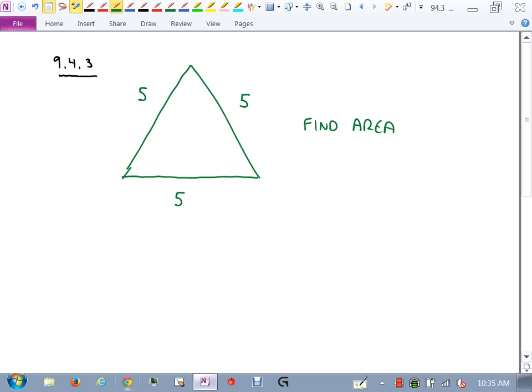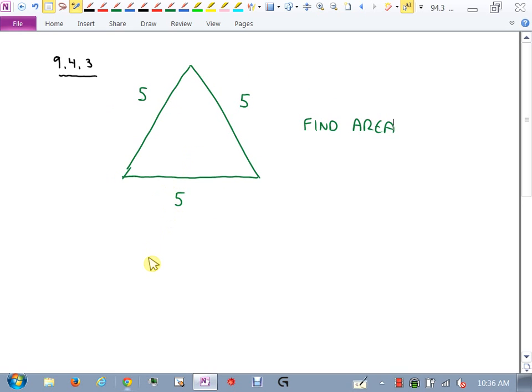So here's what will happen in a calculus class. We'll get to a problem somewhere where we'll have to find the area of something like that. In fact, we won't have 5, 5, 5. It'll be like x, x, x, and we want to find a formula for the area. But we'll do 5, 5, 5 here.